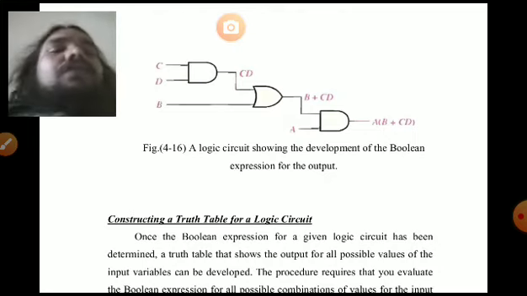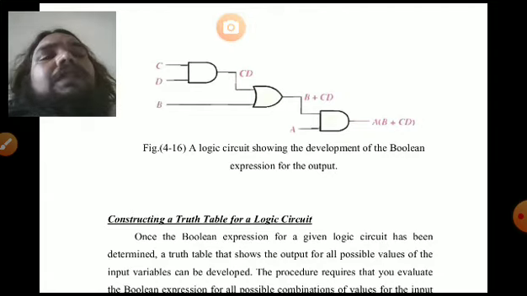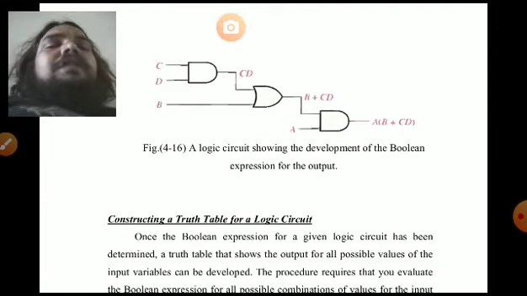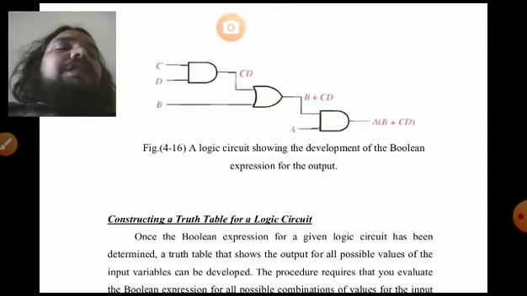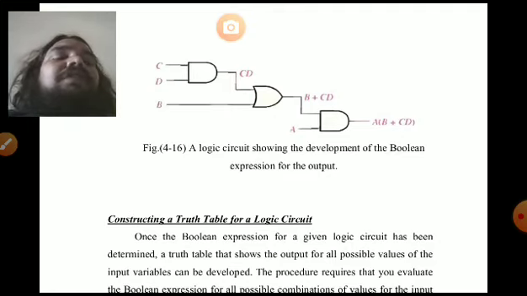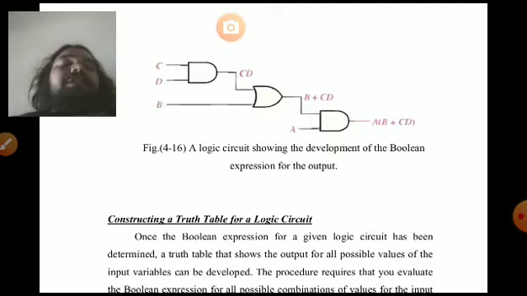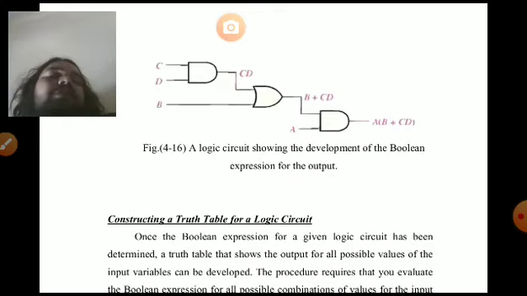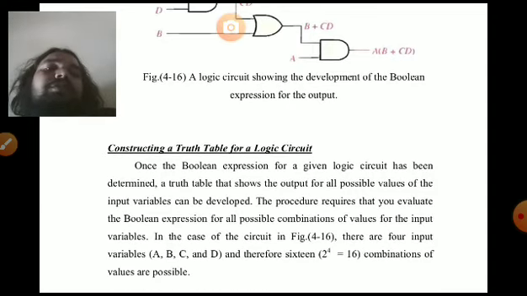The resultant output of the AND gate is C into D. This is taken as one input of the OR gate, with B as the other input. The total output of the OR gate is B plus C into D, which is taken as an input of another AND gate whose other input is A. Then the total output is A into B plus CD. This shows the development of the Boolean expression for the output.